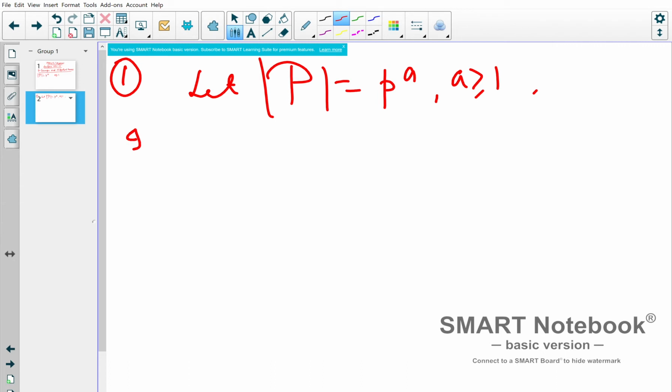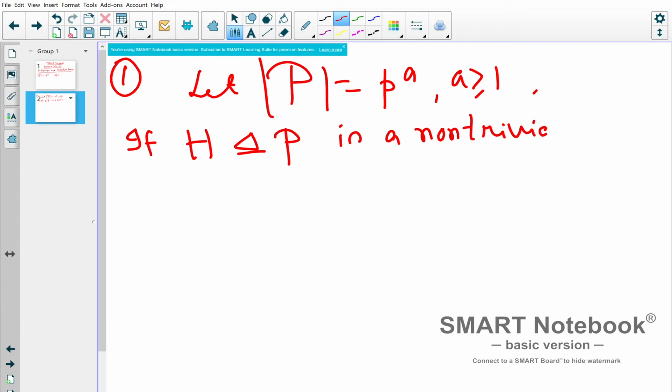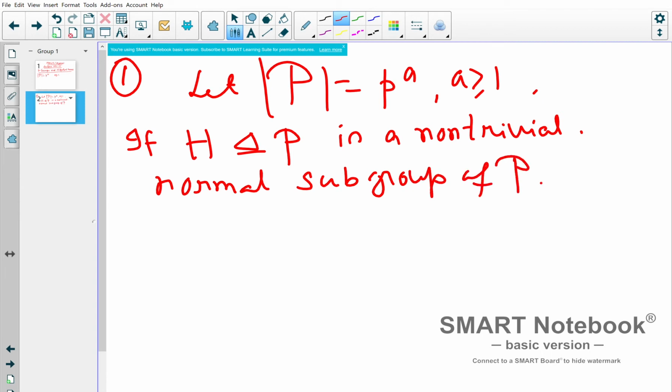Suppose H is a non-trivial normal subgroup of P. Then H intersection the center of P is not the identity. That means it is not a singleton; it has more than one element.